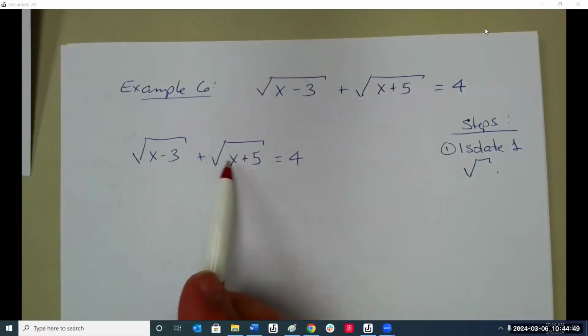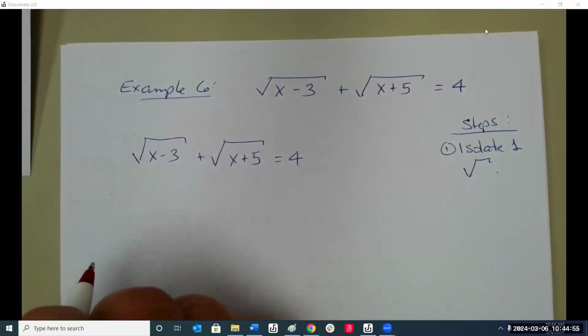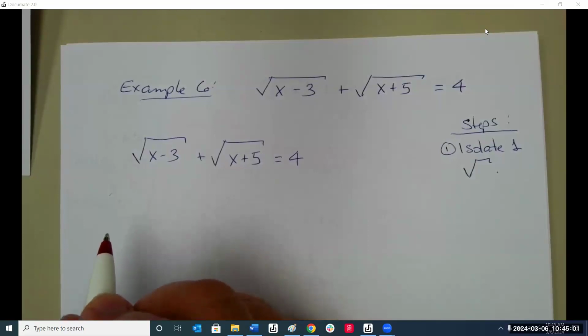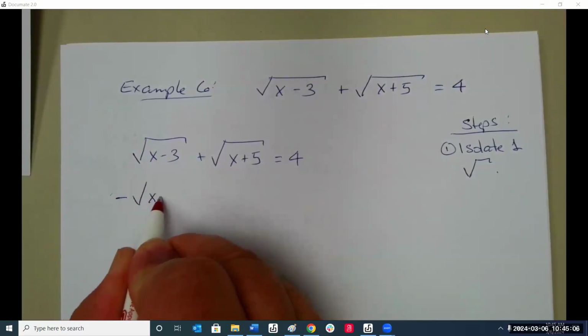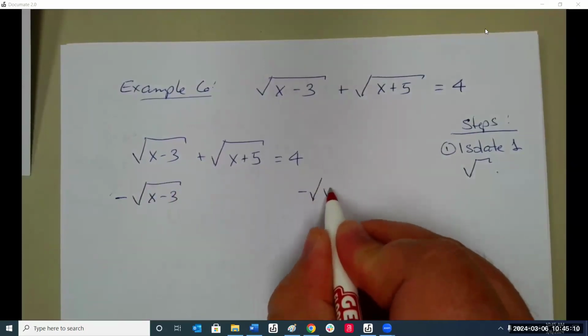Then how do we move it over? They're added together, so subtract. I have to subtract the radical of x minus 3 from both sides.